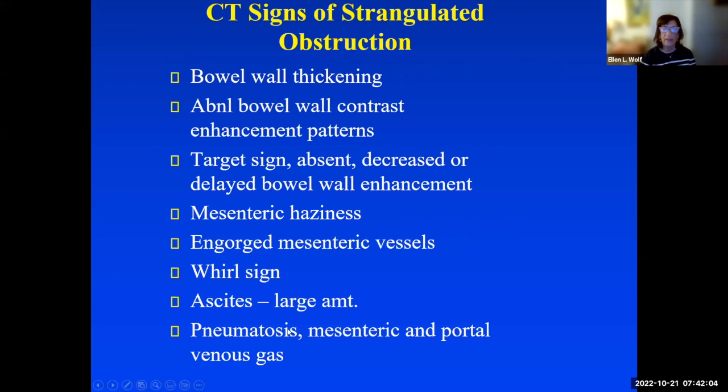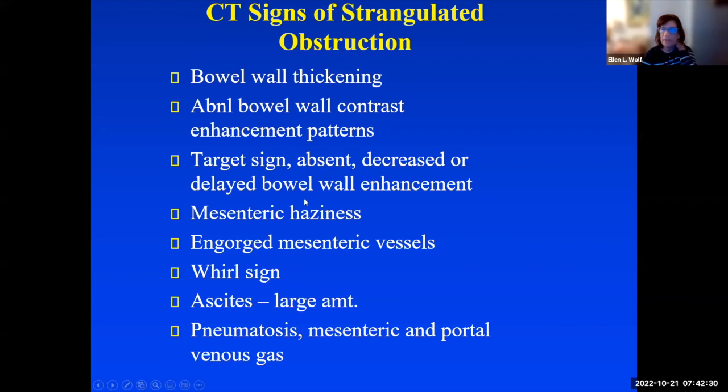So there are many signs that one might see indicating possible strangulated obstruction. Bowel wall thickening is common. These abnormal bowel wall enhancement patterns, as I alluded to before, can indicate ischemic bowel. So you may see the target sign, absent enhancement, decreased or delayed bowel wall enhancement.